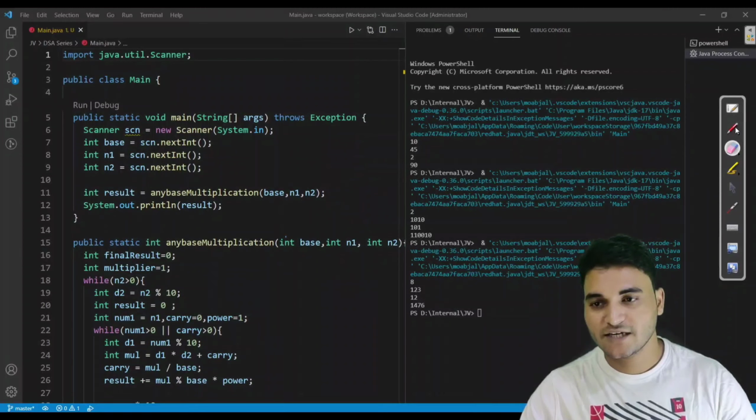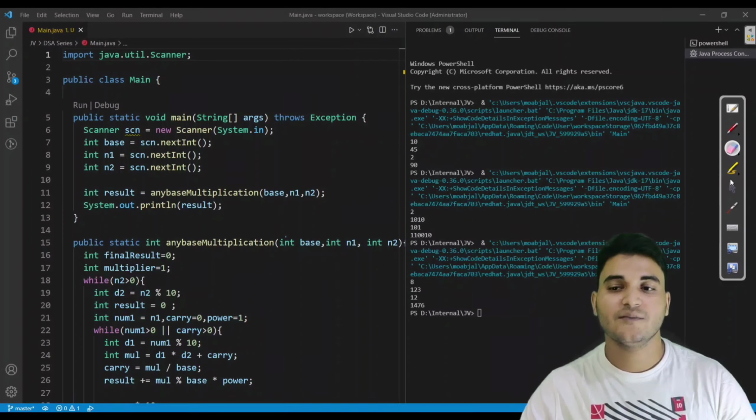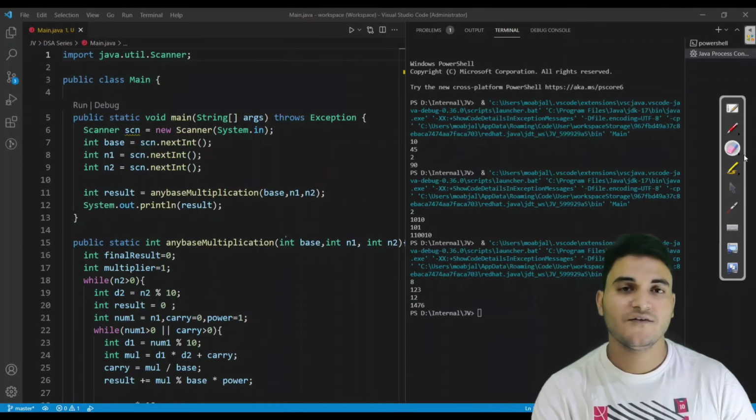So that was the logic for multiplying two any base numbers. If you look very carefully, what we have done is, we have not done anything. We just have replaced the base value with the base provided by the user. The rest we have done almost the same as in our decimal multiplication, binary multiplication, even the octal multiplication. We have not changed a single line except the base values.